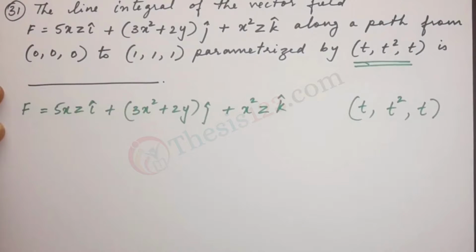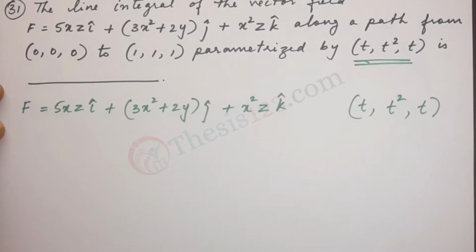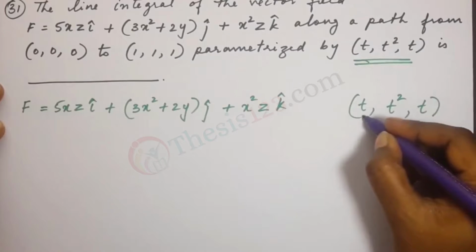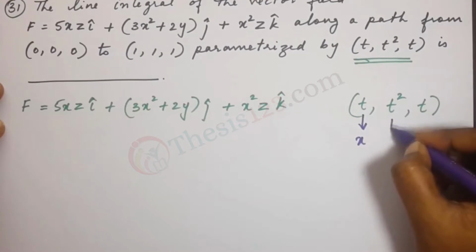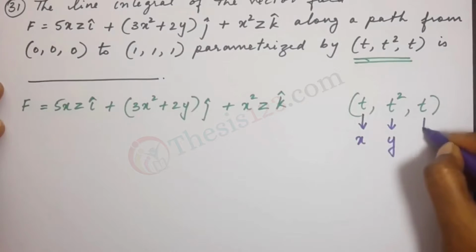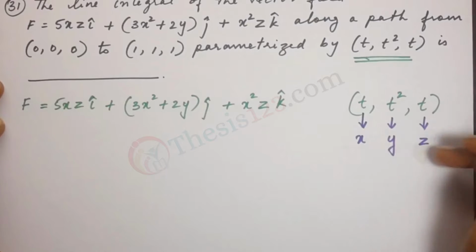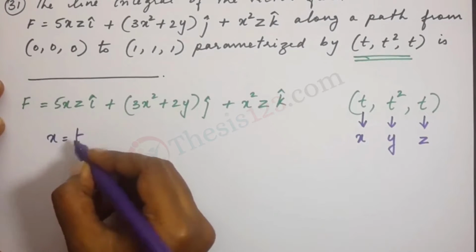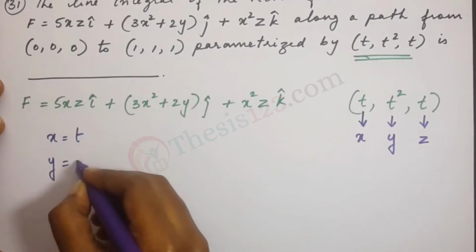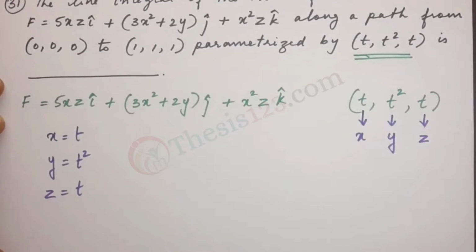Now since this is three-dimensional, the first element corresponds to x, the second corresponds to y, and the third corresponds to z. So here we will have three expressions. x is equal to t, y is equal to t square, and z is equal to t.